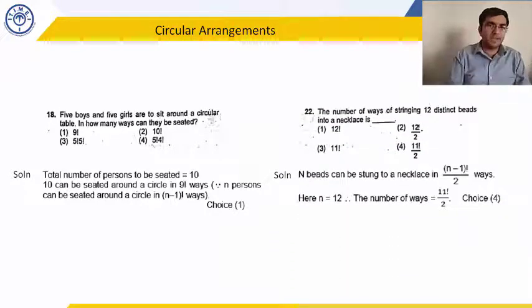Table, n minus 1 factorial ways. Necklace, n minus 1 factorial by 2 ways.